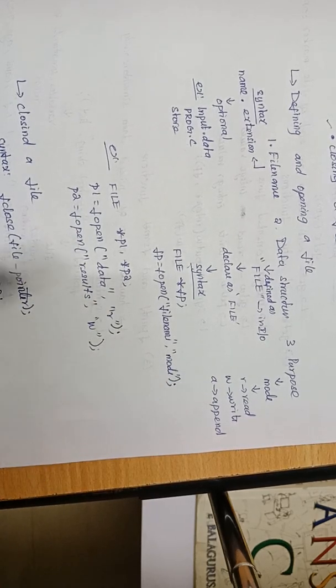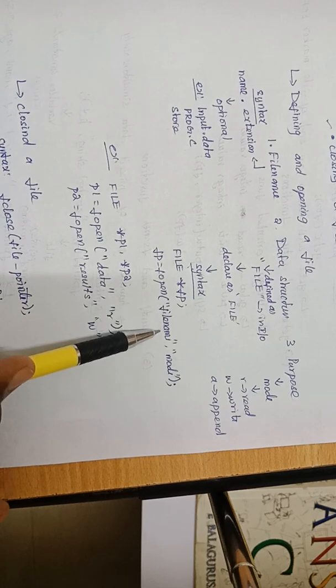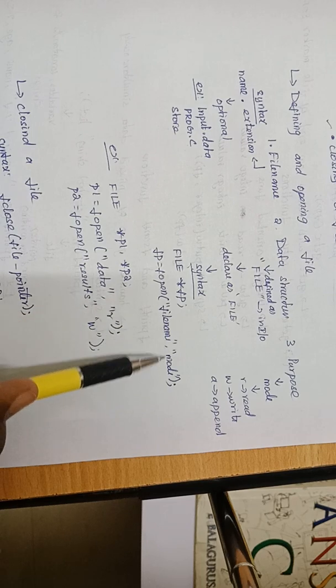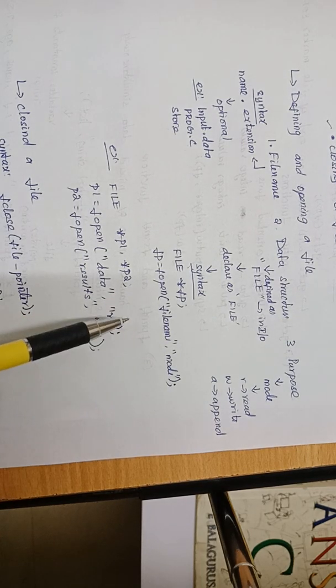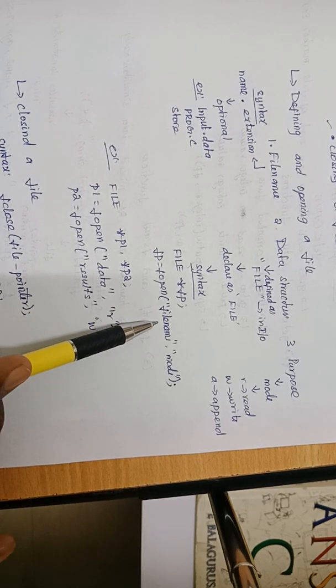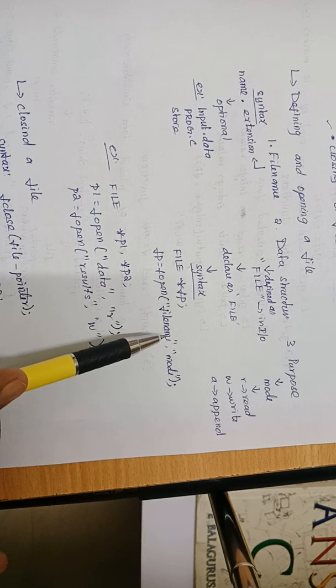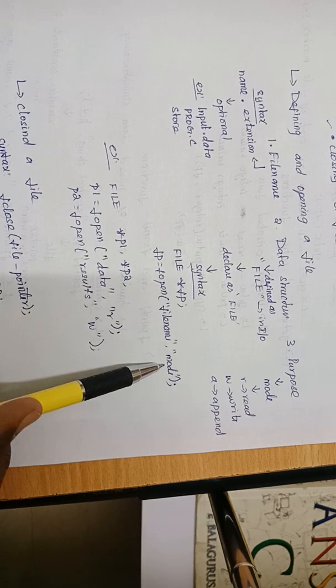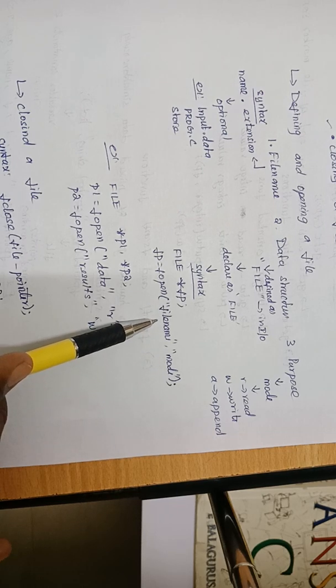Suppose you use w. If a particular file name exists, then this write mode, w mode, will completely delete the data that was already in the file and start once again with whatever data is given. fopen with a file name in w mode will create a file if no such file already exists.